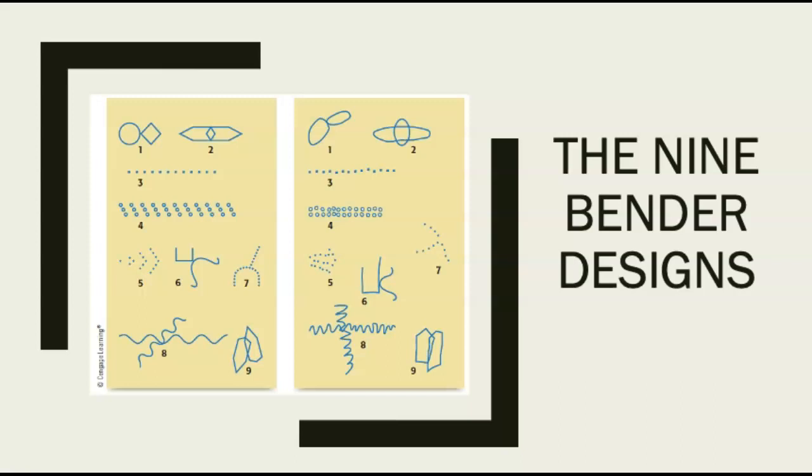Each of these designs would be presented to the client or the patient on a white card in black ink, and that client or patient would be asked to draw them, and there are some common errors that would be associated with key cognitive abnormalities.